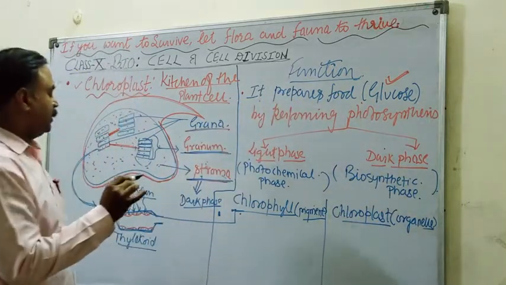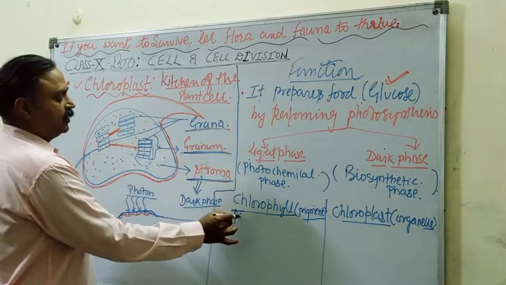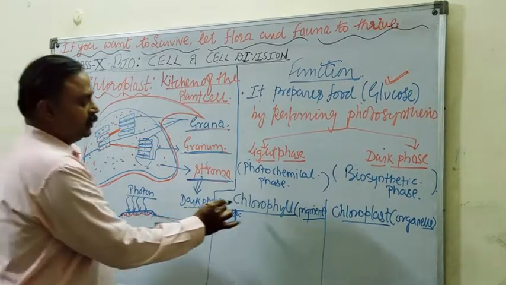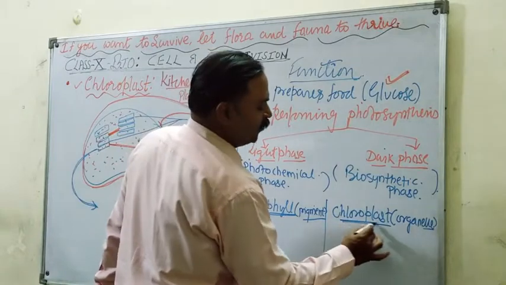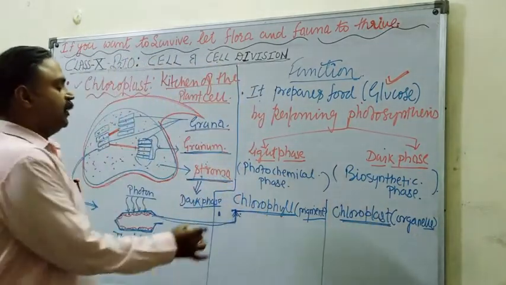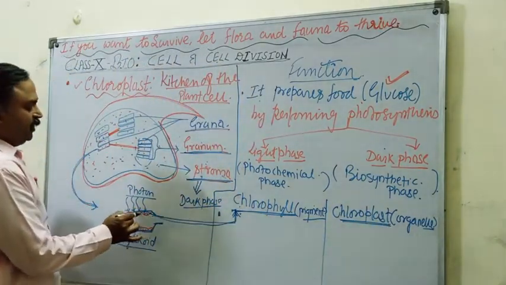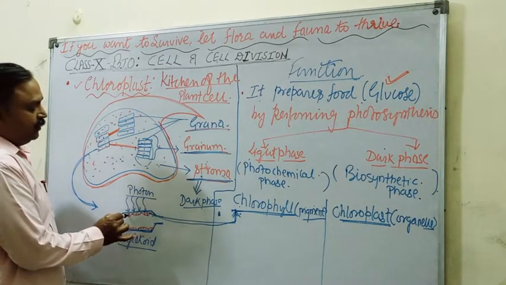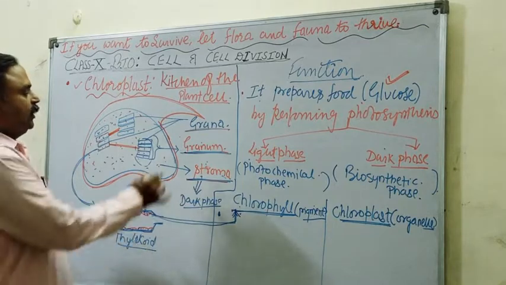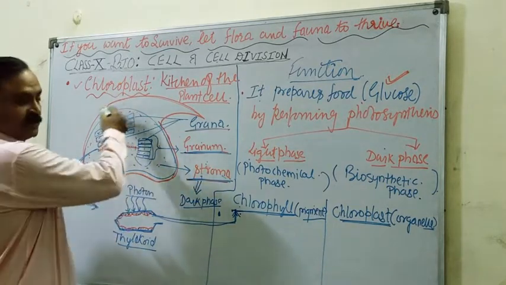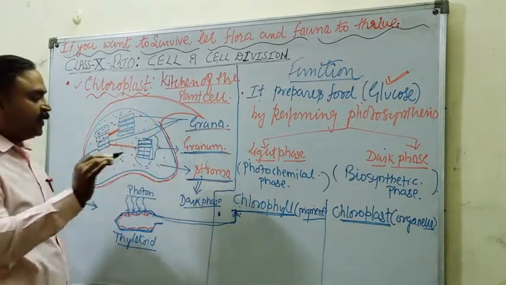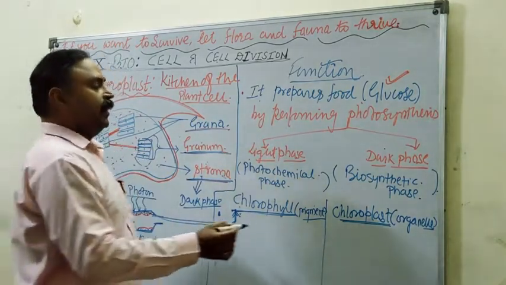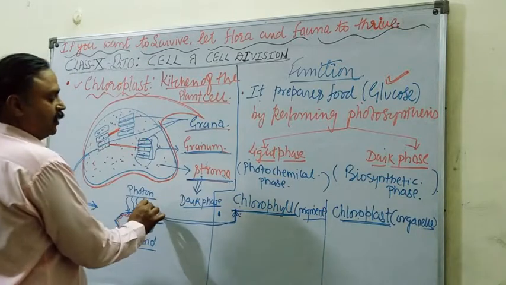Now one ultimately important thing is that there is always confusion in the difference between chlorophyll and chloroplast. Now what is chlorophyll? Chlorophyll is an important pigment lining the thylakoid, but not a cell organelle. And chloroplast is this entire structure. So the main difference is that chlorophyll is an important photosynthetic pigment, and chloroplast is an organelle.